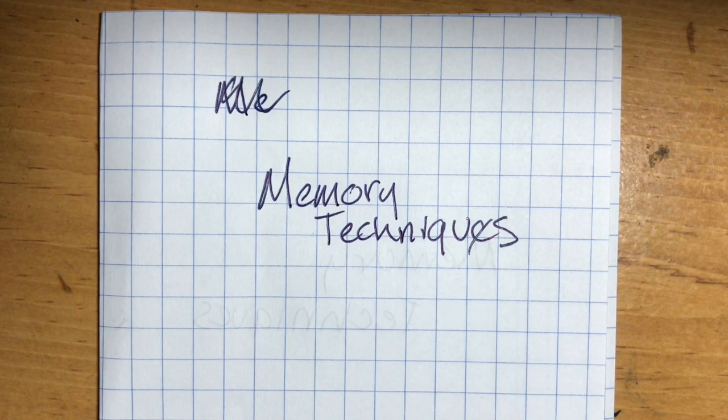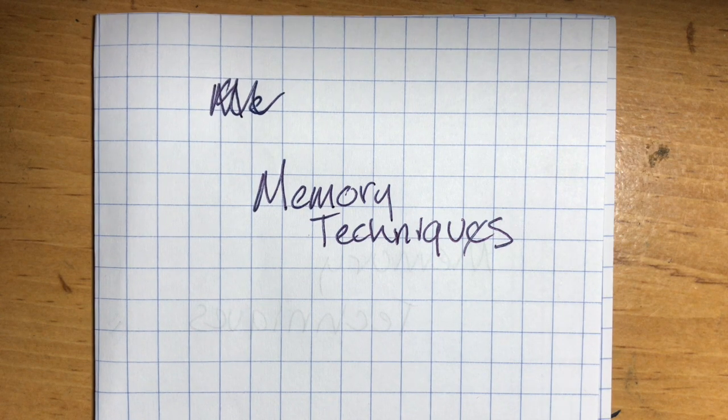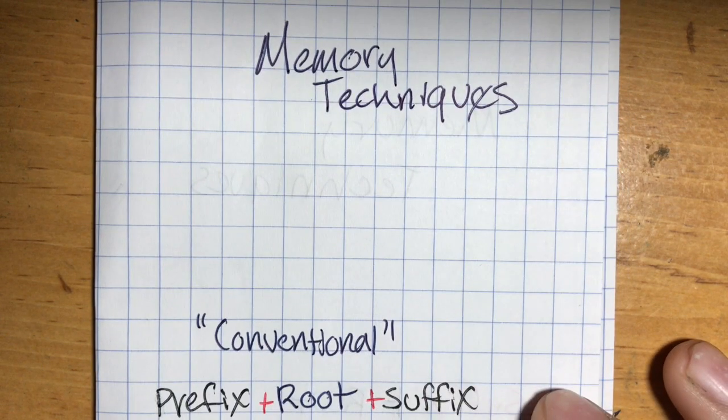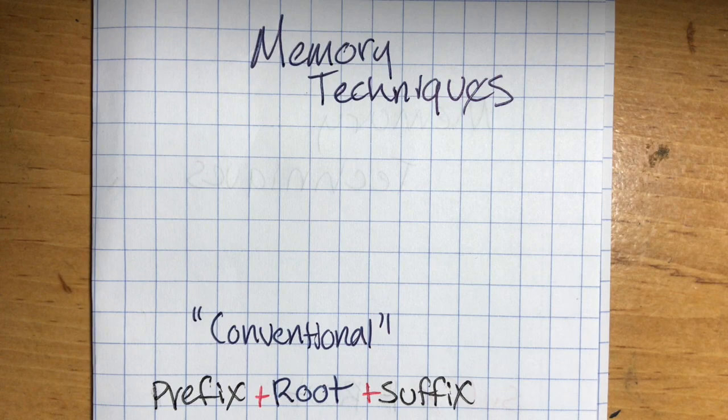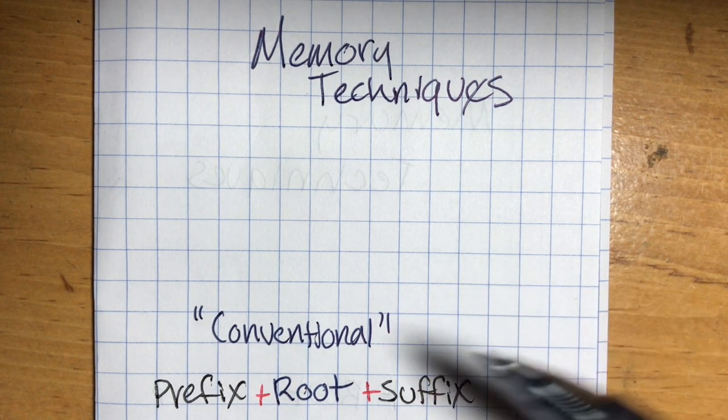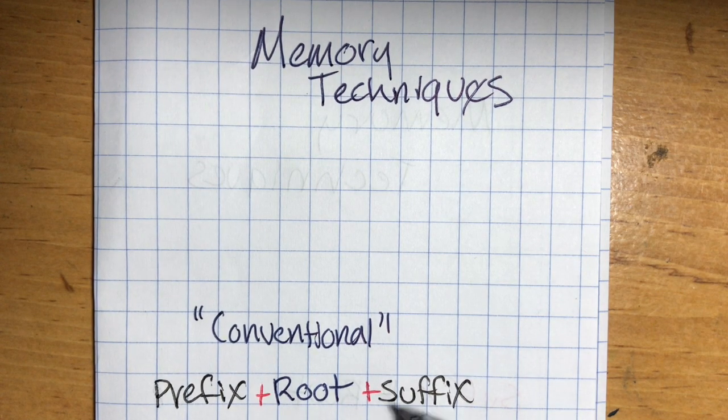Hello everybody. So this video is to show you the right way to memorize polyatomic ions. Most conventional ways of memorizing the polyatomic ions involve a pattern of the prefix, the root, and the suffix.